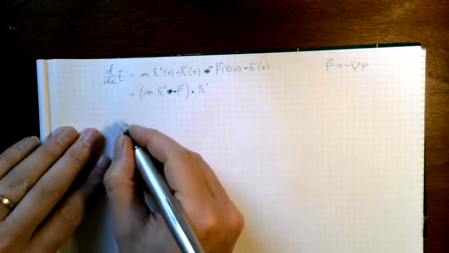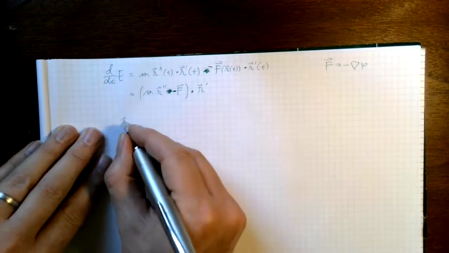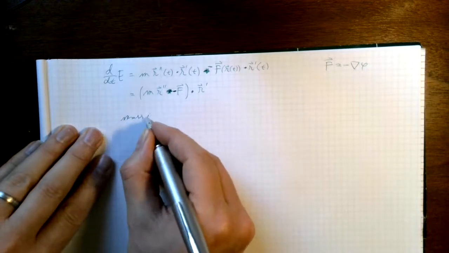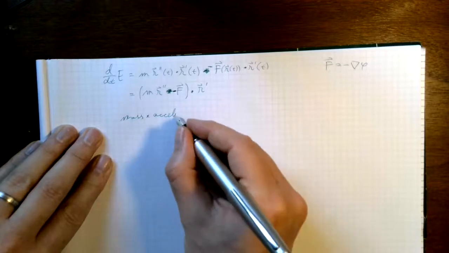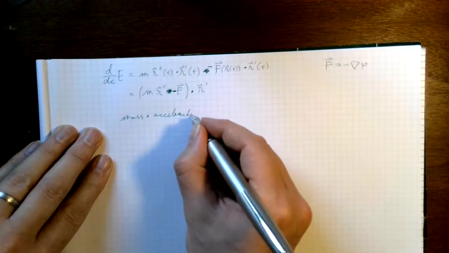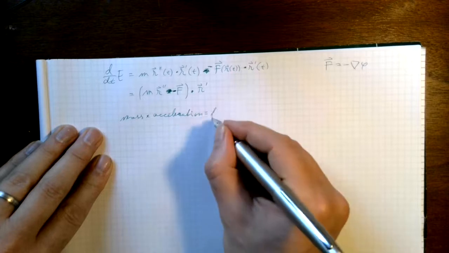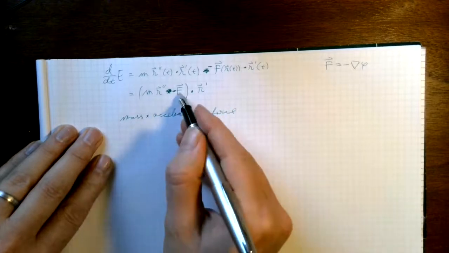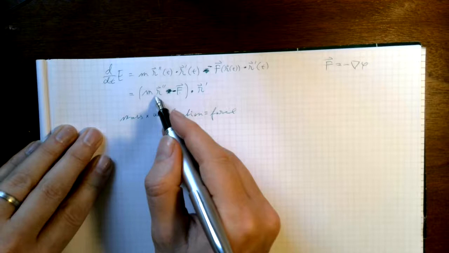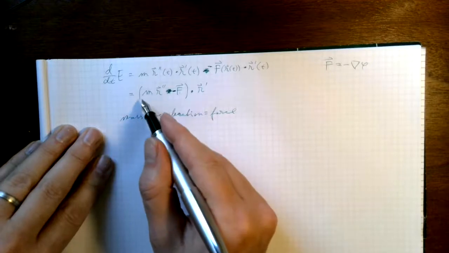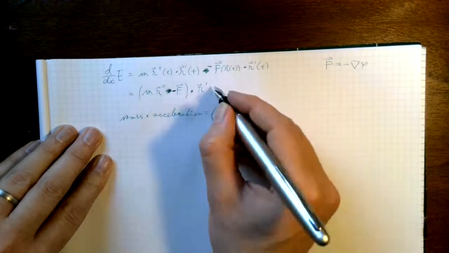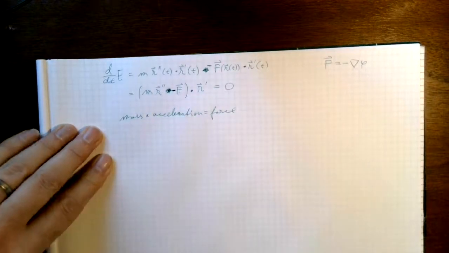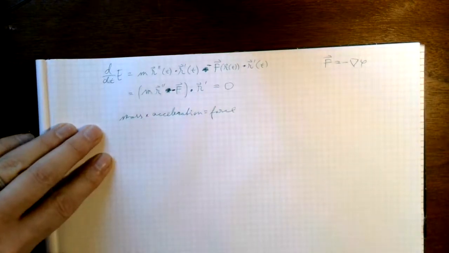Now, I have Newton's second law: mass times acceleration equals force. I have force, I have mass, I have acceleration. So if mass times acceleration equals force, then this term is 0. So that's conservation of energy.